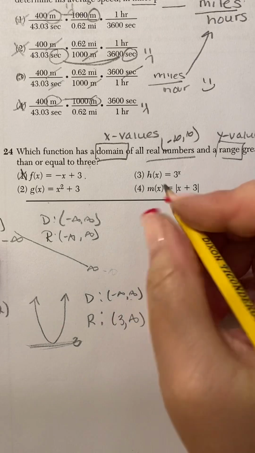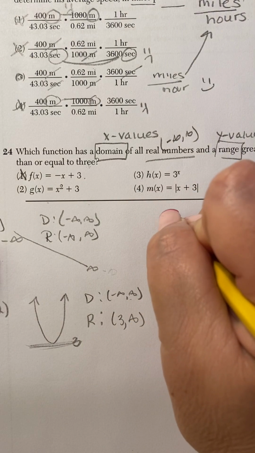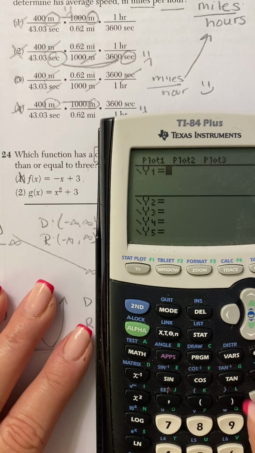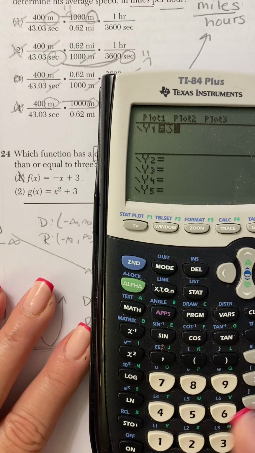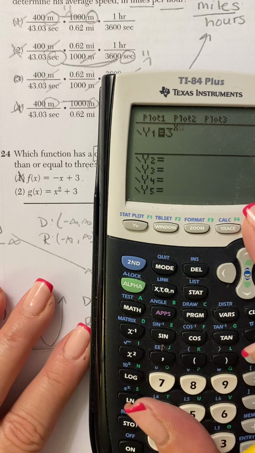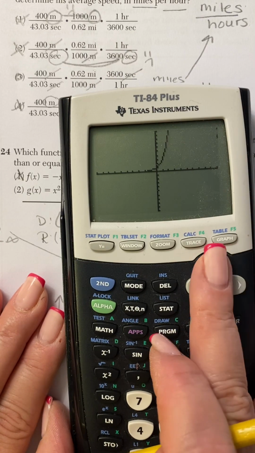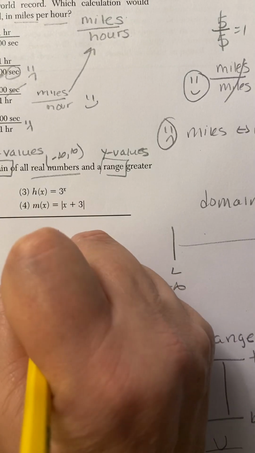Okay, number 3 is the exponential function. y equals 3 to the x. Graph. That's an exponential function. It's looking like this.